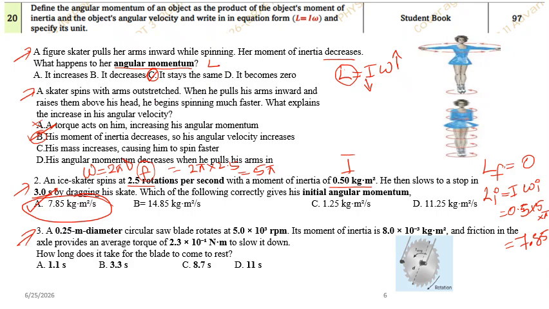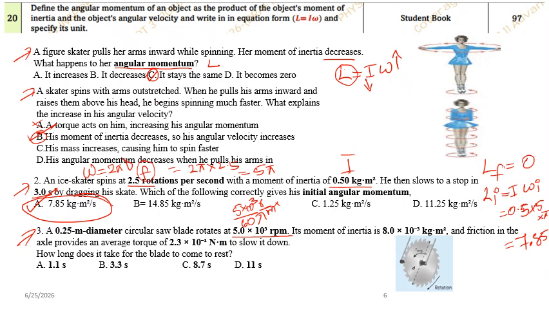A circular saw with a 0.25 meter diameter cutting blade rotates at 5 into 10 to the power 3 RPM. Understand, RPM is rotation per minute. So this is the frequency, but you need to convert this into seconds. The 5 into 10 to the power 3 is given in rotation per minute, so you need to divide this by 60.